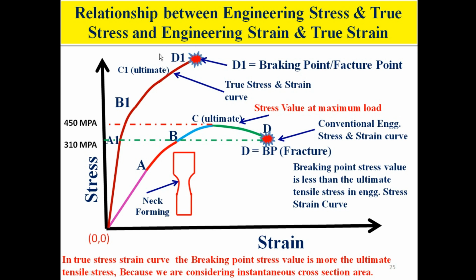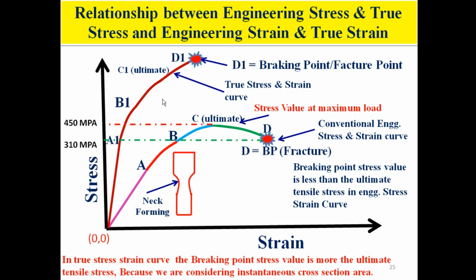Clear this thing? Yes. So this is a very important graph. You should remember it all the time. Then it becomes very easy, crystal clear, correct? As you keep on increasing the load, of course, practically it should go up, right?